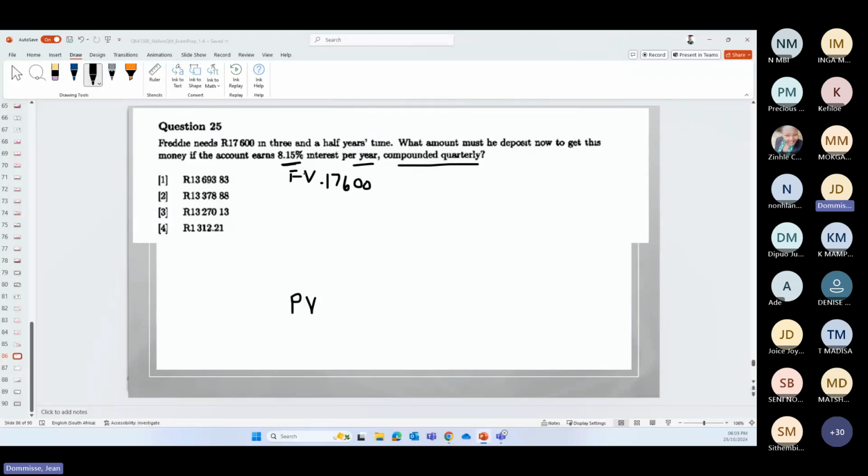So we've got the minus 17,600. We've got the 3.5 years. So let's just say n is that 3.5.